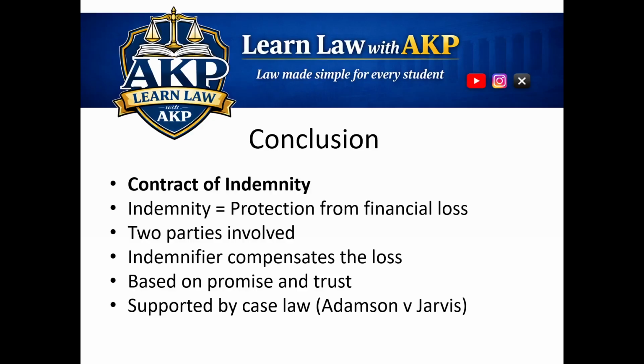This concept is based on trust and legal obligation. We also understood this through the case of Adamson versus Jarvis, where the court held that a person must compensate the loss if it arises due to his instructions. So, overall indemnity ensures financial protection and fairness in transactions.